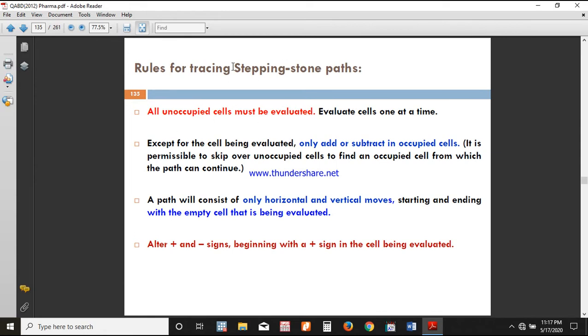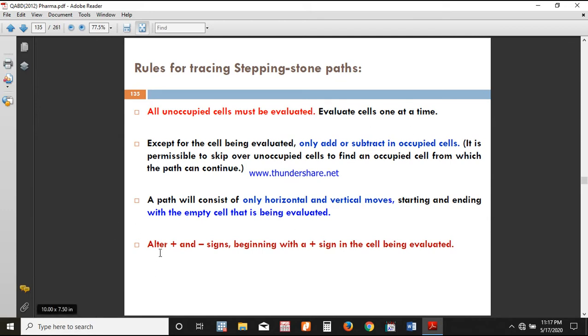These are some of the rules for tracing these stepping stone paths. First, all unoccupied cells must be evaluated, and except for the cell being evaluated, only add or subtract occupied cells. It is permissible to skip over occupied cells to find occupied cells from which the path can continue, and the path will consist of only horizontal and vertical moves, starting and ending with the empty cell being evaluated.